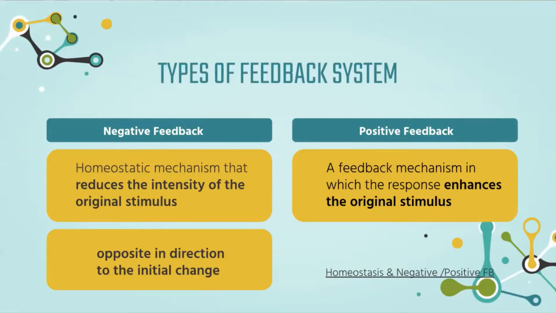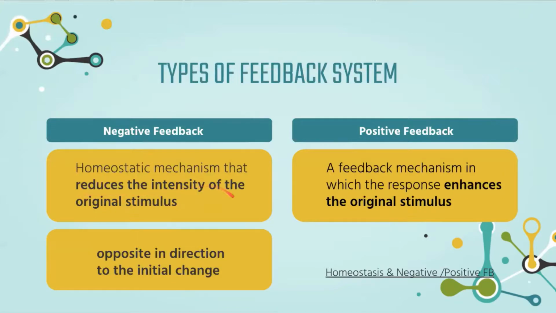If blood pressure is too high, the heart rate decreases as the blood vessels increase in diameter, while the kidneys retain less water. These changes cause the blood pressure to return to its normal range, and the process reverses when blood pressure decreases, causing blood vessels to constrict and the kidneys to increase water retention. And that's negative feedback.